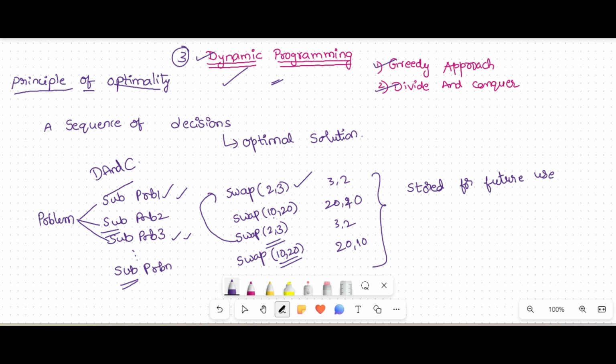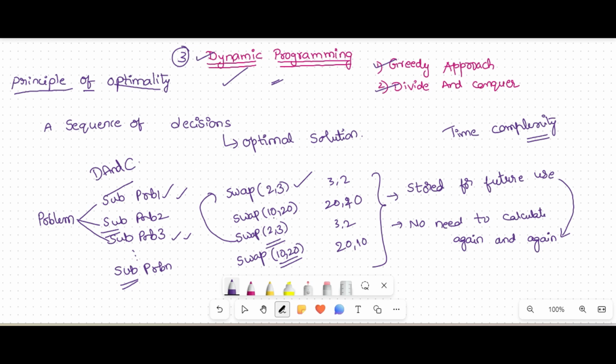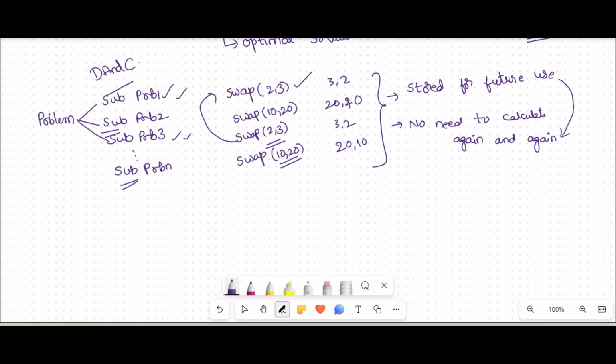That means there is no need to calculate again and again. If that subproblem is already solved, just use that solution. Then time will be reduced to find the solution; time complexity will be reduced. So this is the main fundamental concept of dynamic programming.